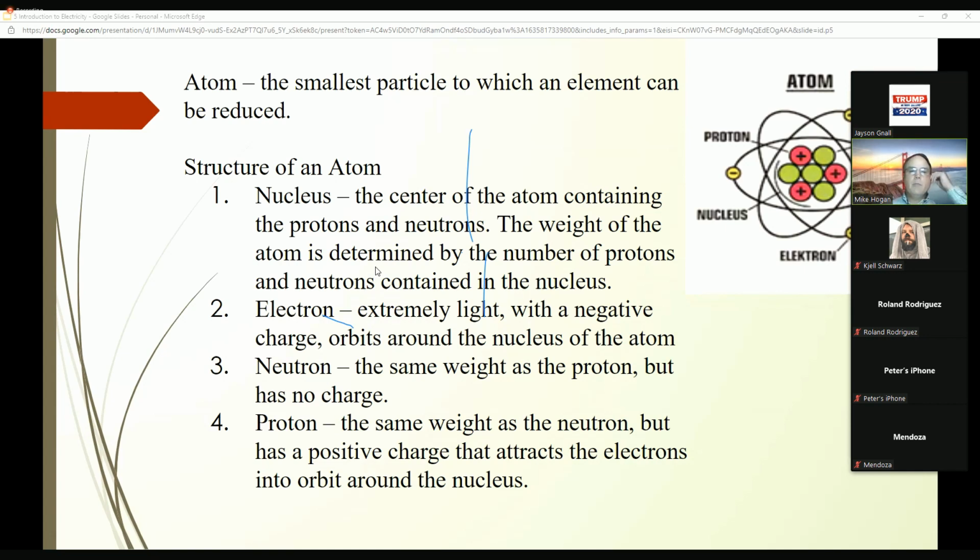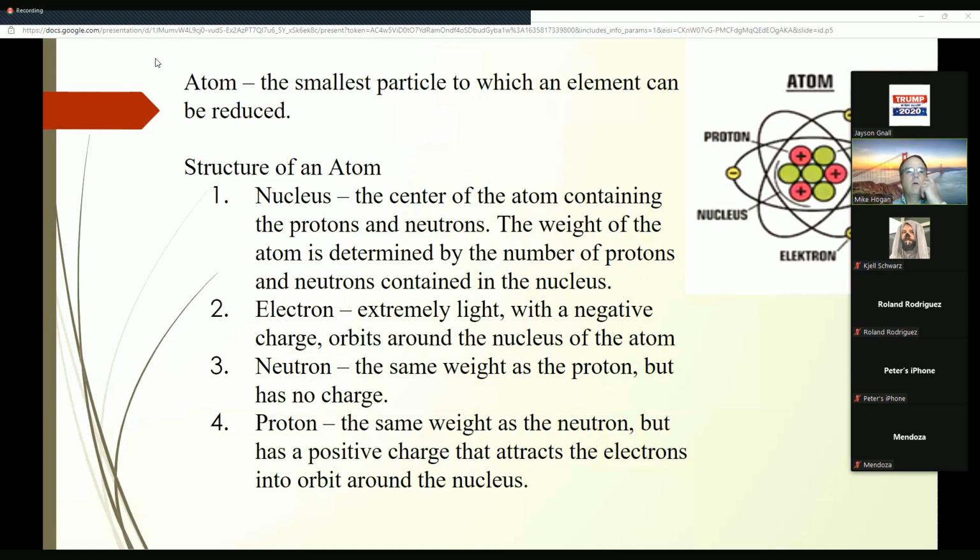All right, good deal. So we're talking about atoms, right? The smallest particle of an element. When we're talking about this atom, you've got a nucleus, which is really the center part.